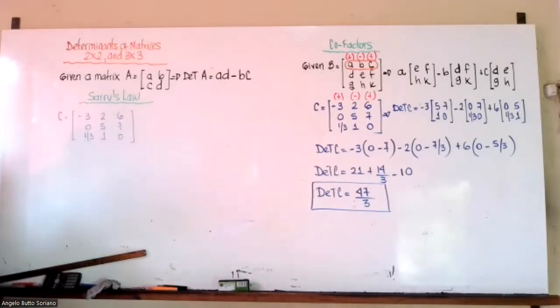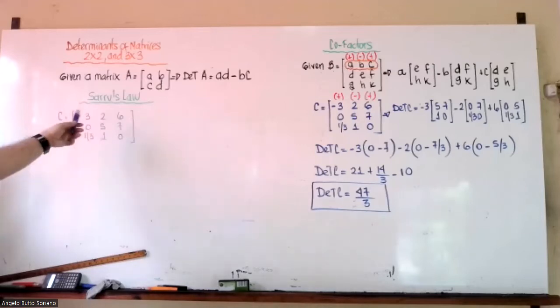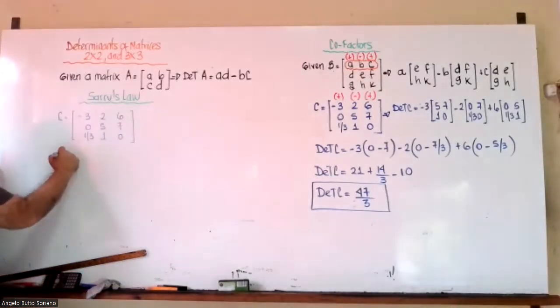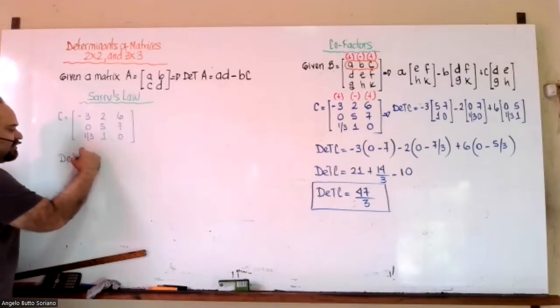Okay, to calculate the determinant C, by the way, can you read those numbers? Can you see them? Yes.